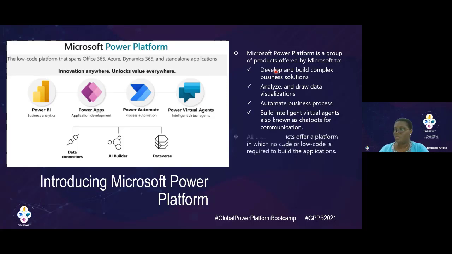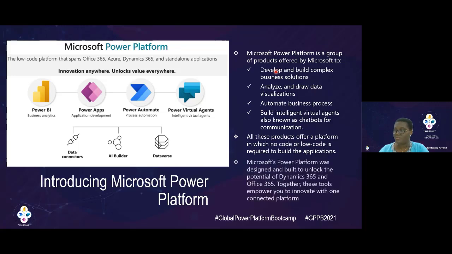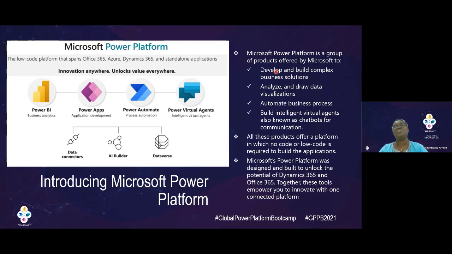So all of these platforms offer you a low-code platform required to build your applications within your organization and all of that. The Microsoft Power Platform is actually designed to unlock the potential of Dynamics 365 and Office 365.